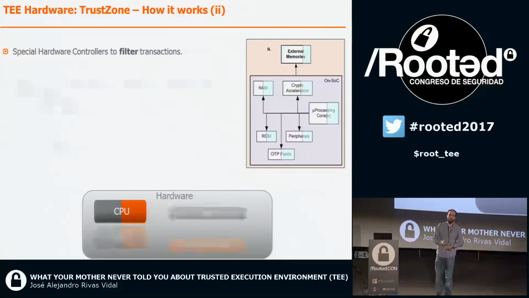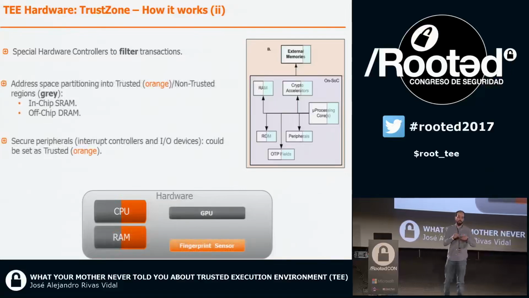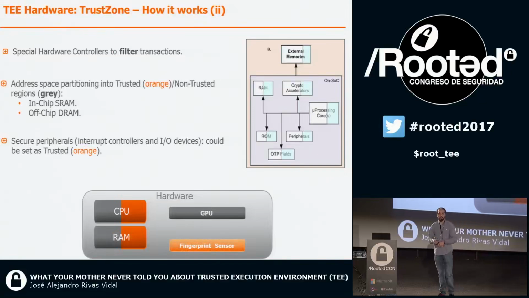This is useful for configuring internal and external memory regions that are for the exclusive use of the TEE, and it's also useful for peripherals. We can mark peripherals that are only for exclusive TEE access.